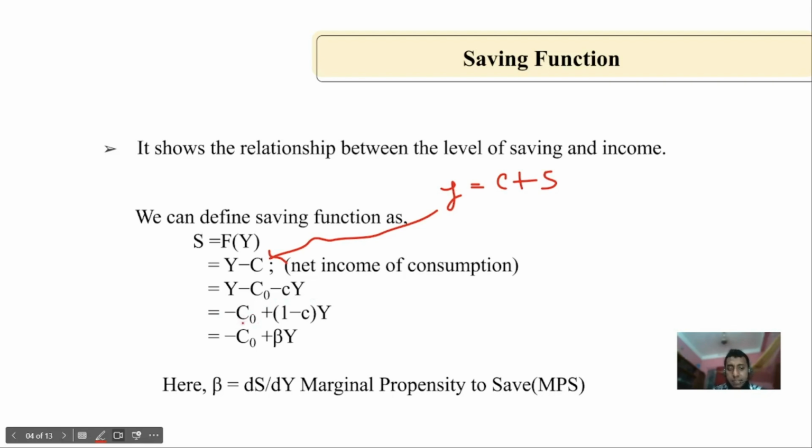We can rearrange it as S equals minus C naught plus (1 minus c) times Y. Here 1 minus c equals beta. Here beta equals dS by dY, the marginal propensity to save, short form MPS.